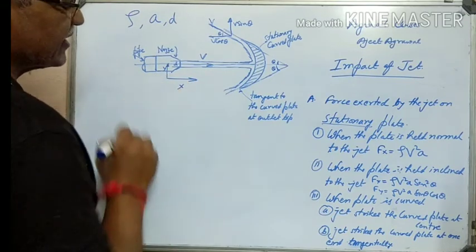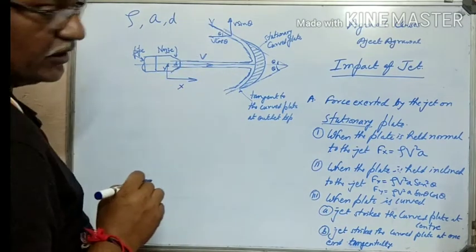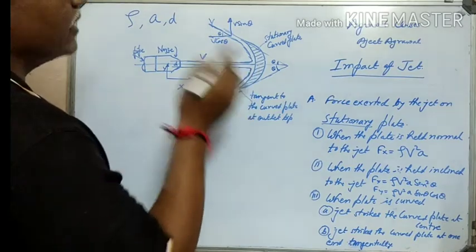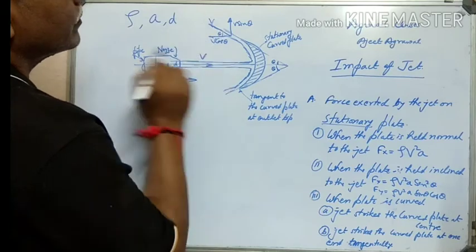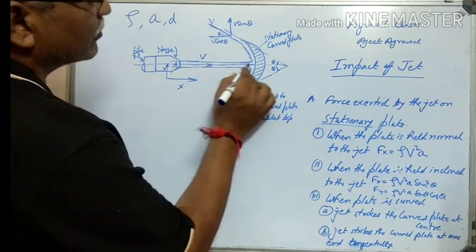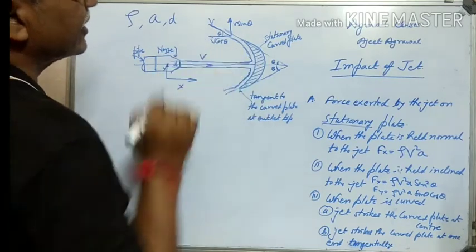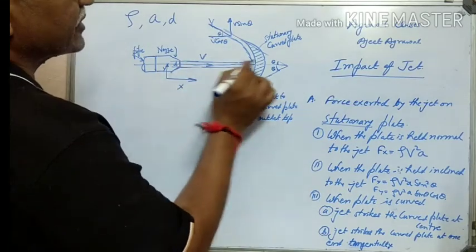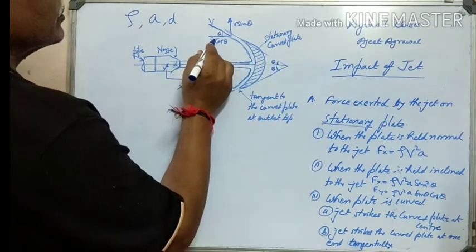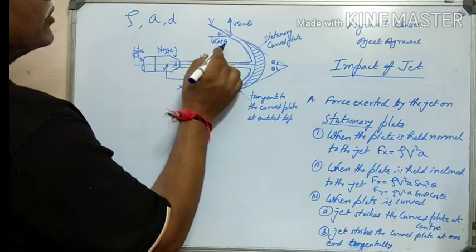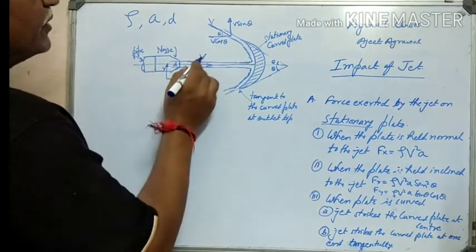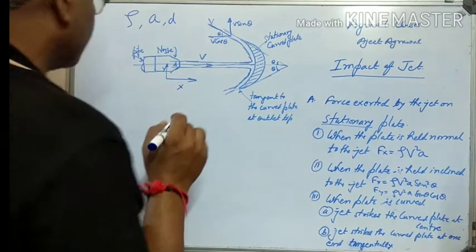In the x direction, the initial velocity is V and the exit velocity is V cos theta, because the jet is dividing in two parts as it strikes at the center. So the exit velocity in the x direction is V cos theta, but it is opposite to V. So it is minus V cos theta.